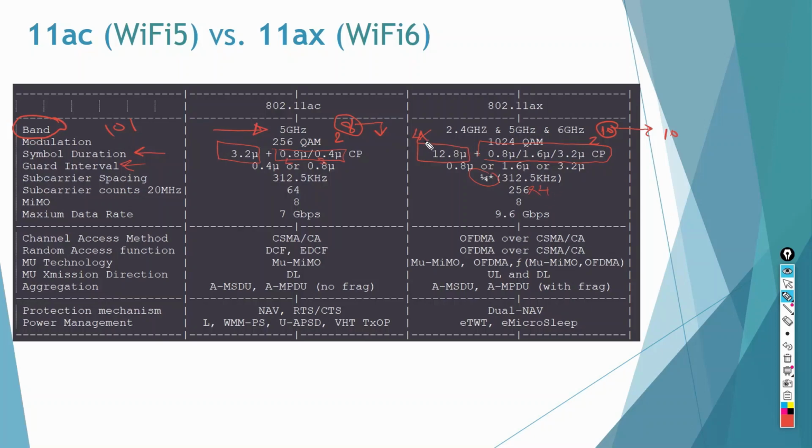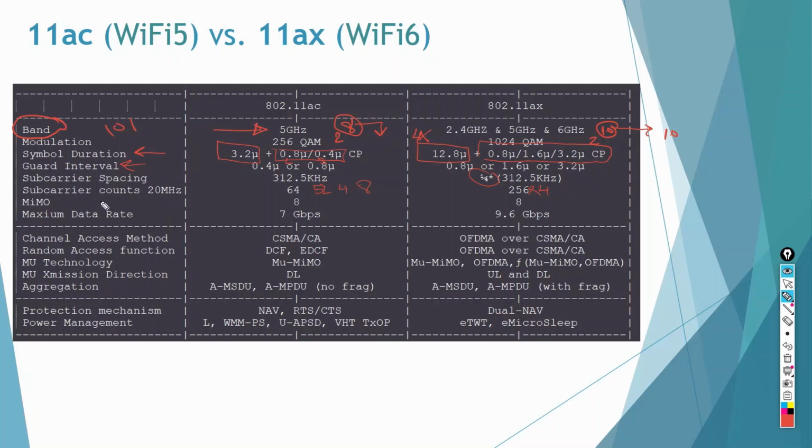I will explain the relation later. Basically, I just want to point out here that out of the 64, we use 52 for data transmissions, 4 for pilot, and the remaining 8 subcarriers are reserved. Same numbering we have here, but I don't memorize them honestly.